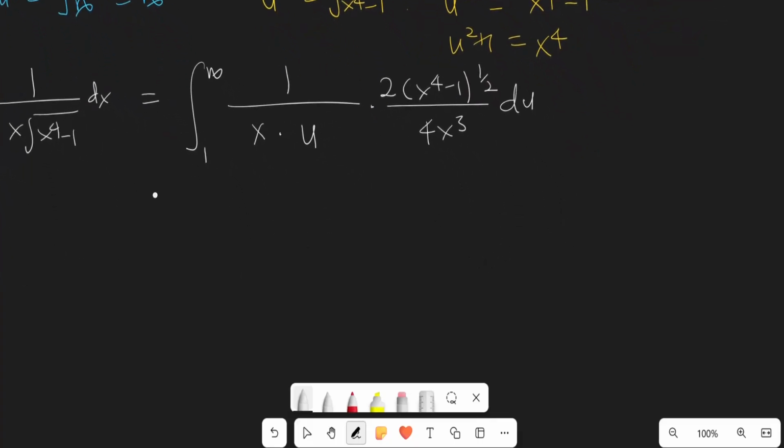So now everything is in the u world, but we still have some x's to eliminate. This 2 over 4 is like 1/2, which can come in front.